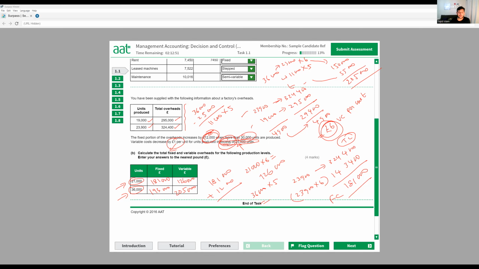But up to 25,000, the variable cost remains the same, so it will be 6. But for anything more than 25,000, we need to find the difference. If I make 30,000, it will be 30 minus 25. Here I'm making 36, so 36 minus 25. Only the excess 11,000 will be 5 per unit, and up to 25,000 it will be 6 per unit, the variable cost. So when you read the question, you have to be very careful.